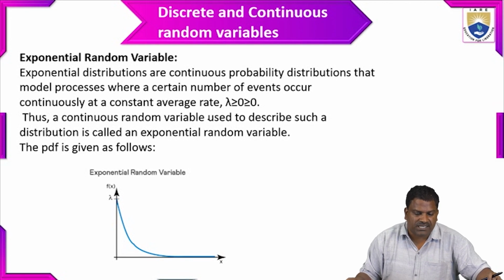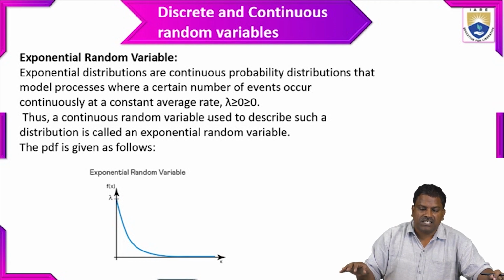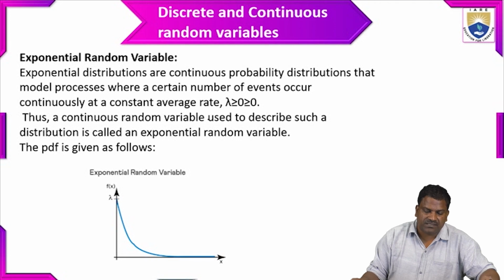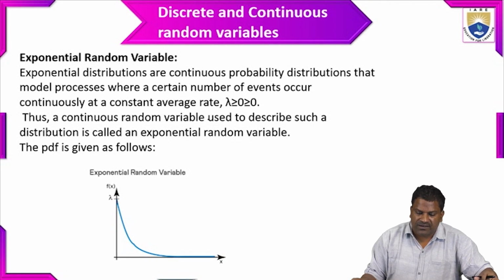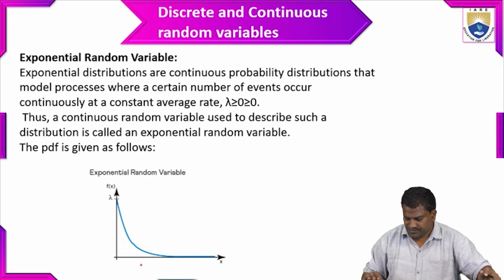They model processes where a certain number of events occur continuously at a constant average rate lambda greater than 0. Thus, a continuous random variable used to describe such a distribution is called an exponential random variable. So its PDF we can show like this.